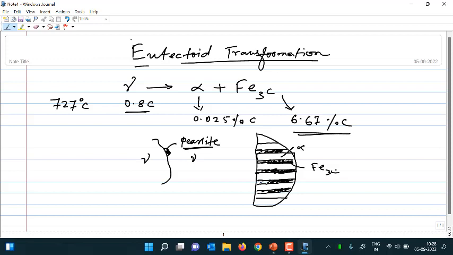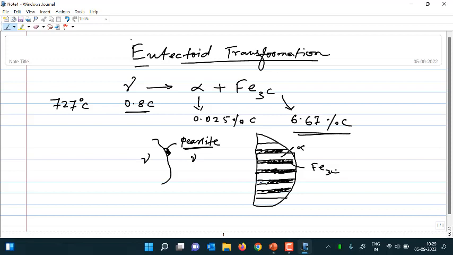Okay. And then as the cementite lamellae forms, it is consuming all the carbon around it, the extra amount of carbon, and therefore the carbon content around the cementite lamellae is reducing, isn't it? And the moment it reduces below a critical concentration, then again a ferrite lamellae will nucleate, and this process continues.